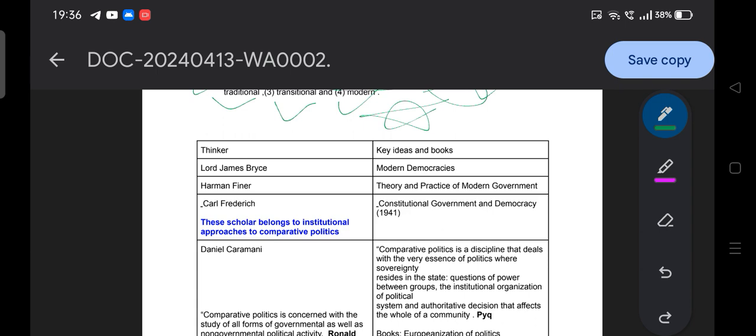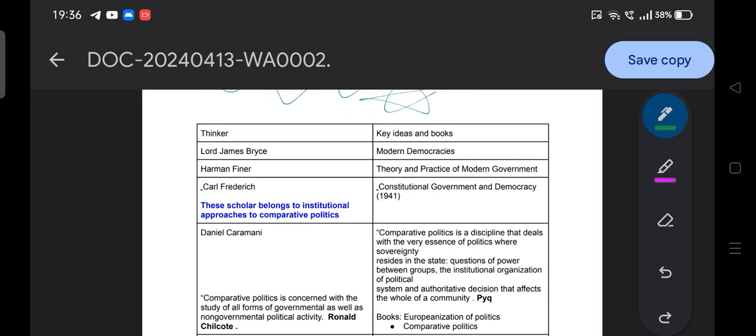So you need to prepare in such a way: this side is the thinker and this side is the key idea and books. Here you can see Lord James Bryce wrote the book Modern Democracies. Herman Finer wrote Theory and Practice of Modern Government, and Carl Friedrich wrote Constitutional Government and Democracy. These scholars belong to the institutional approaches to comparative politics.